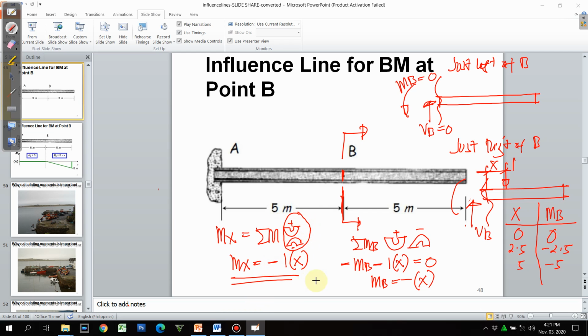So substituting the values, we obtain the value of MB.